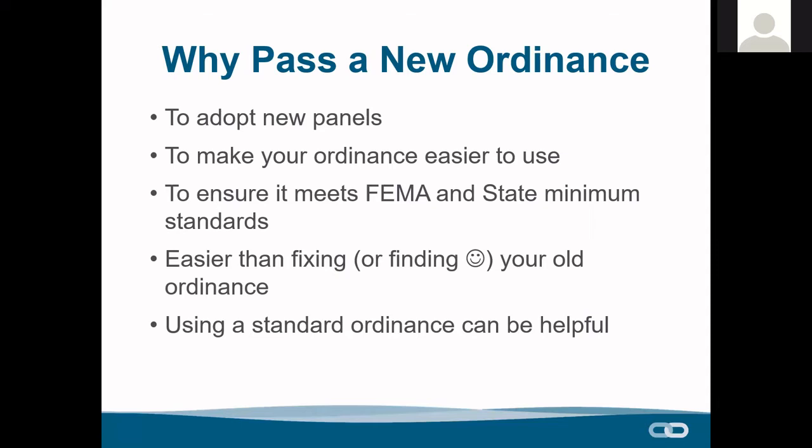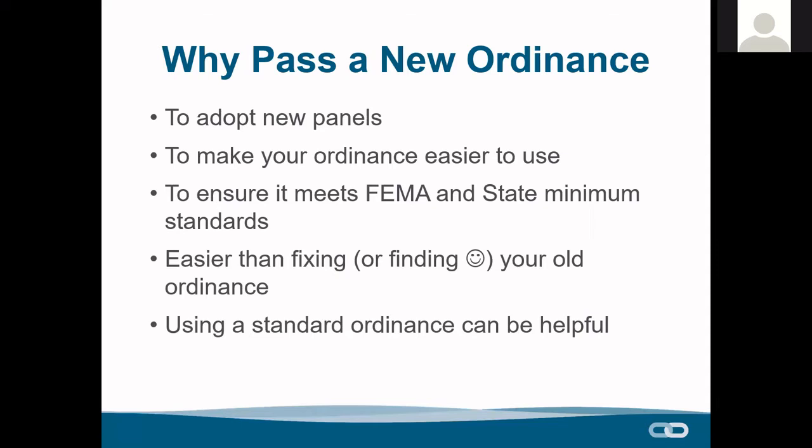Another reason is that it makes your ordinance easier to use. What we found was the old ordinance was a whole bunch of different rules, and we tried to rewrite it to make it read a little bit more like a standard operating procedure so that it flowed better, so that you could go to it as guidance to tell you how to work through a certain section. And so the new model ordinance is meant to be easier to use.